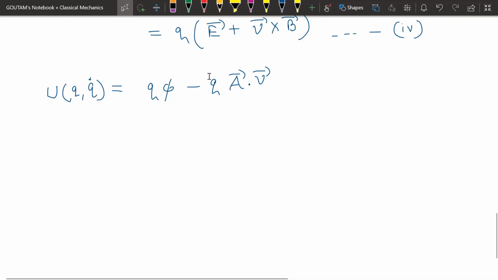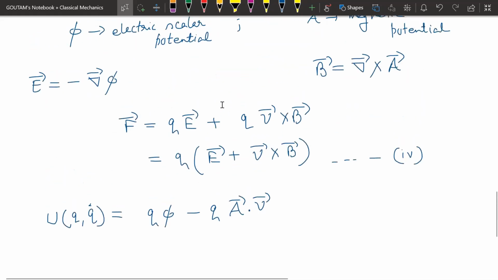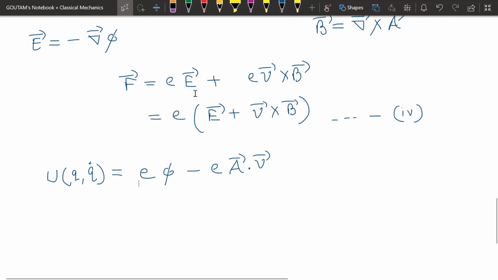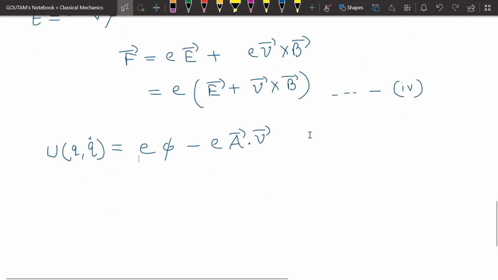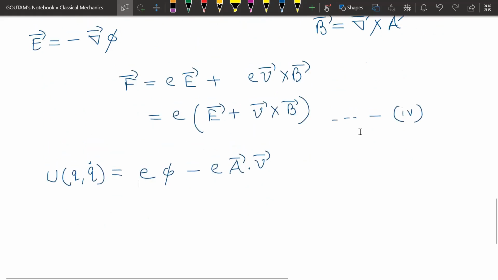Here the q is the charge. Let's define it by e instead. This q is not the generalized coordinates, so it is a charge; let's define it by e, otherwise there will be confusion.